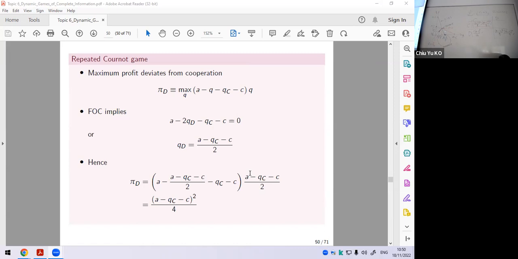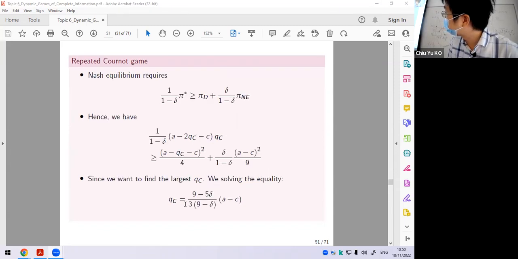You pay this forever, or you deviate, you get this one, and you get this forever. So you want forever collaboration to be better than you deviate, and you get this forever.